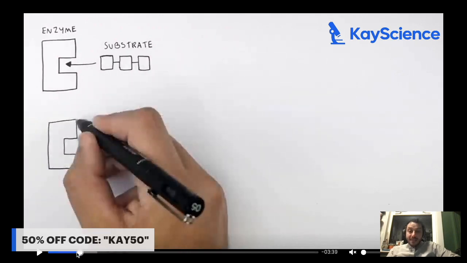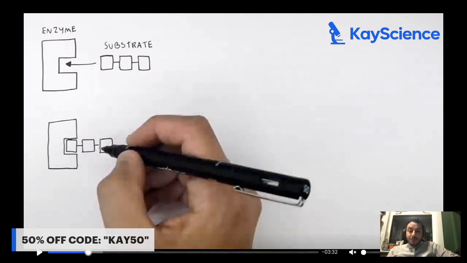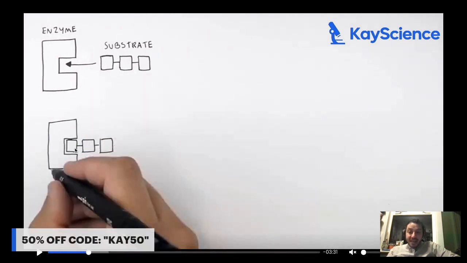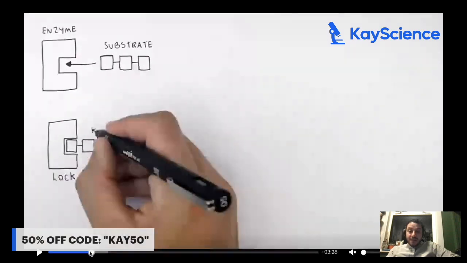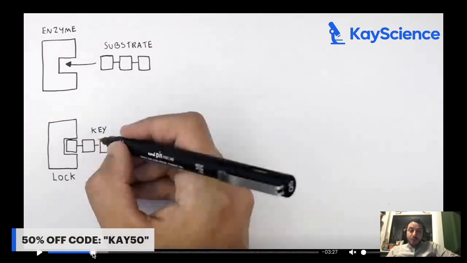So the substrate binds the active site of the enzyme. And the enzyme is what we call the lock, and the substrate is what we call the key.